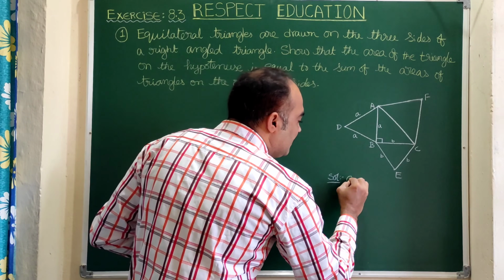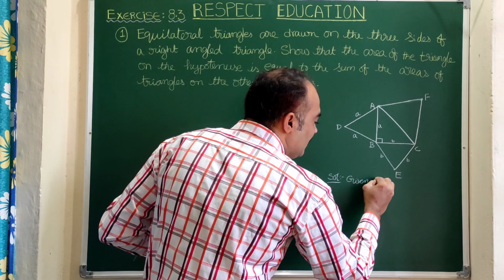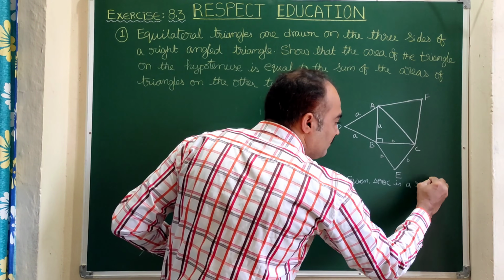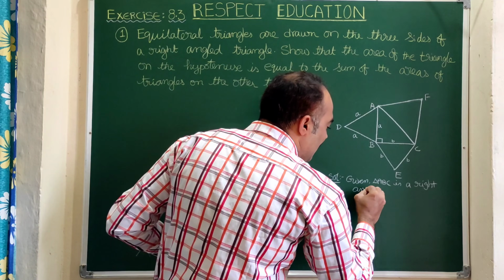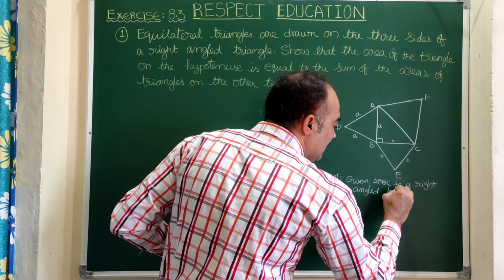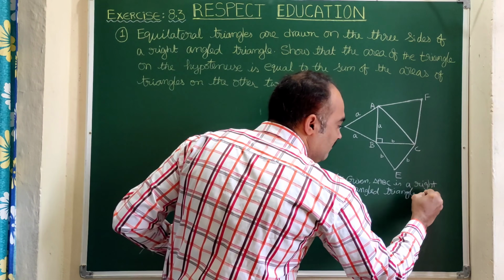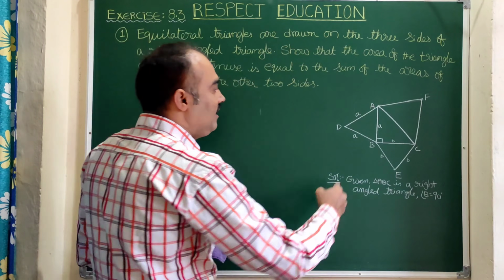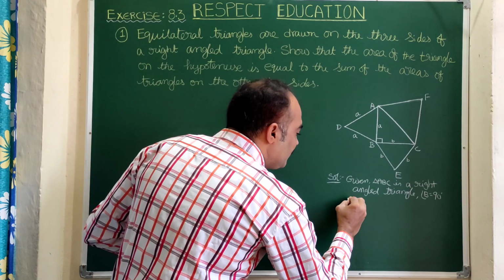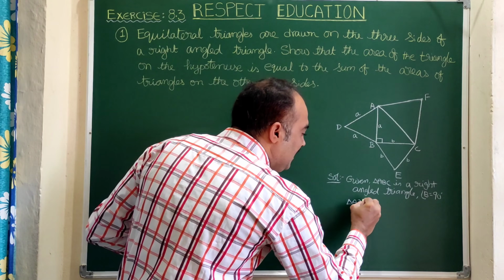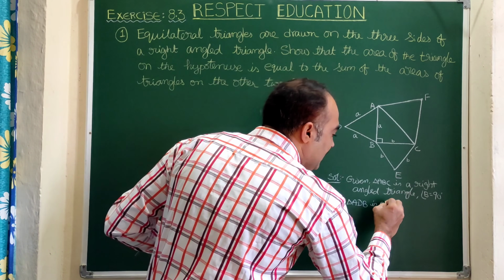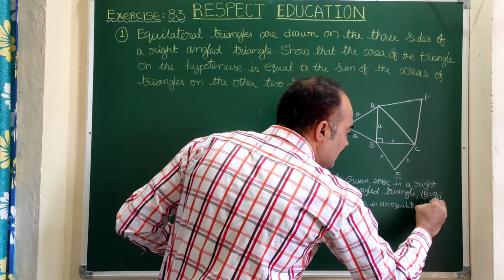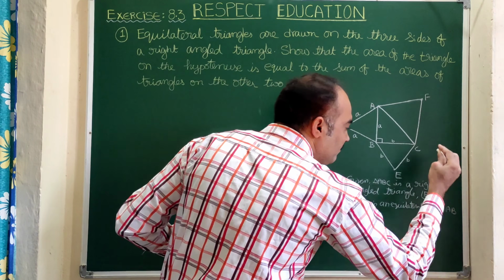First, let us write the given data. Given triangle ABC is a right-angled triangle, in which angle B is equal to 90 degrees. Triangle ADB is an equilateral triangle on the side AB.